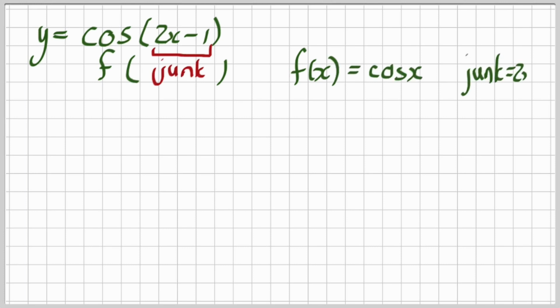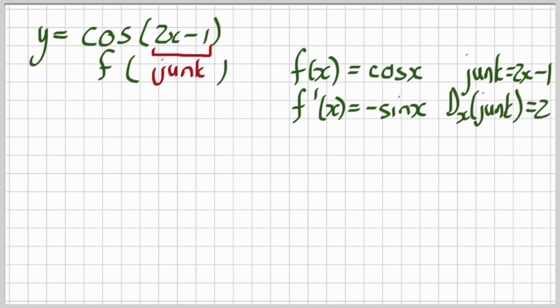And the junk is 2x minus 1. Remember, for our rule, we need the derivative of both f and of the junk. So the derivative of f is negative sin x, and the derivative of the junk, and I'm going to write it d/dx of junk, that is simply 2.